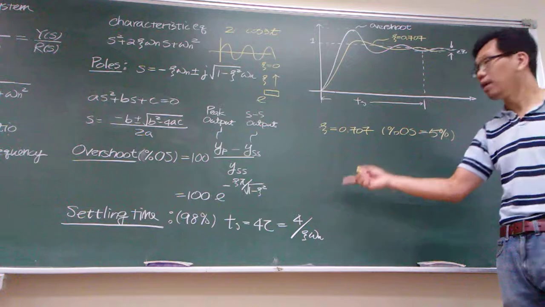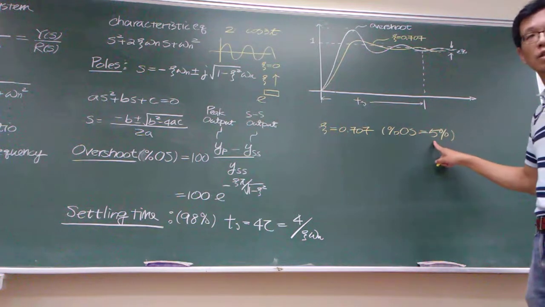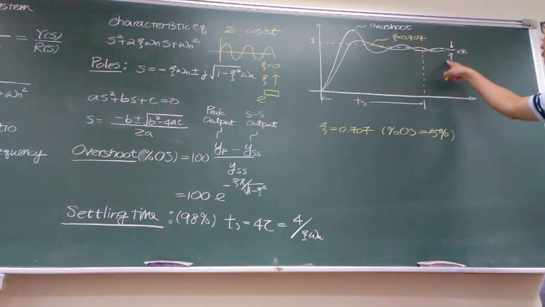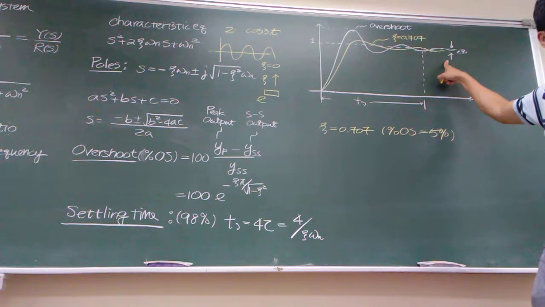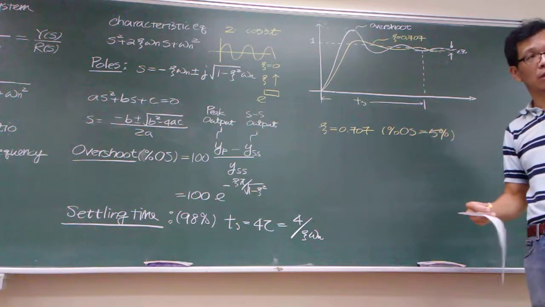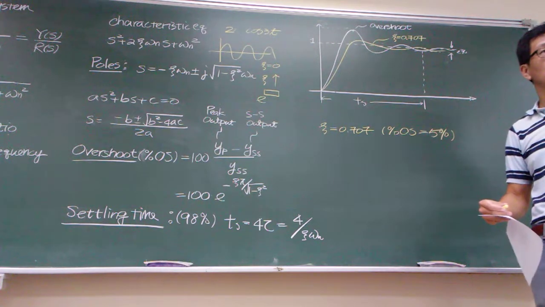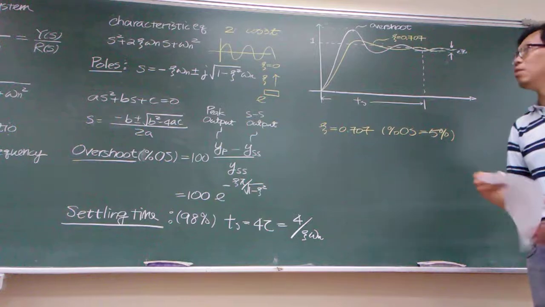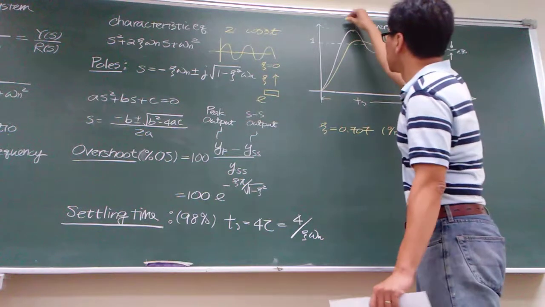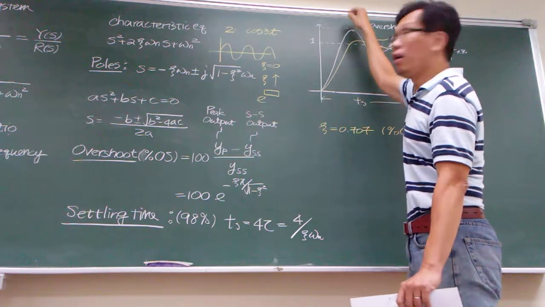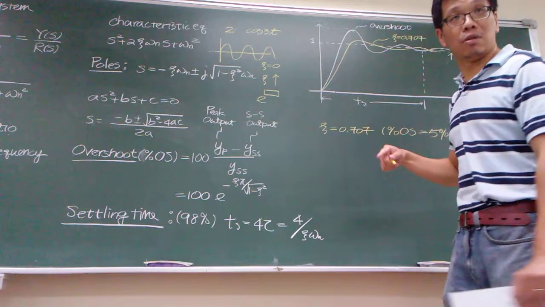0.7 is fine. But when we say it's 5%, this is acceptable because when we are talking about steady state, the error is normally either 5% or 2%. Does it make sense? So if my damping ratio is small, my magnitude is going to be large.